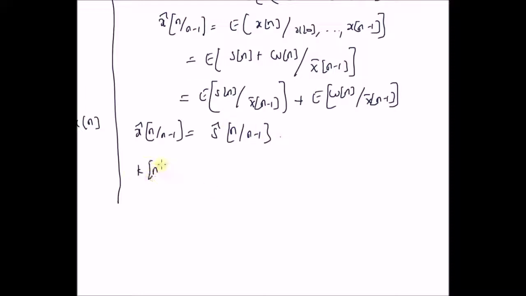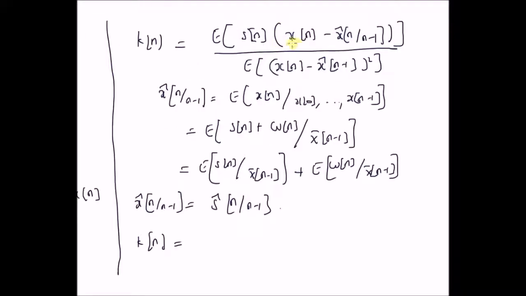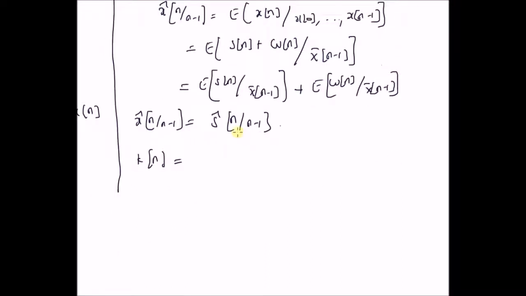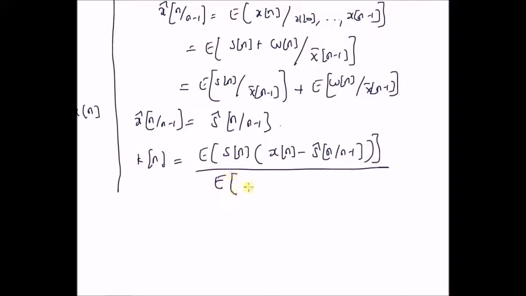Therefore, the Kalman gain k of n becomes the expectation of s of n multiplied by x of n minus s hat of n given n minus 1, divided by the expectation of x of n minus s hat of n given n minus 1 whole square. Basically, we replace x hat of n given n minus 1 with s hat of n given n minus 1.